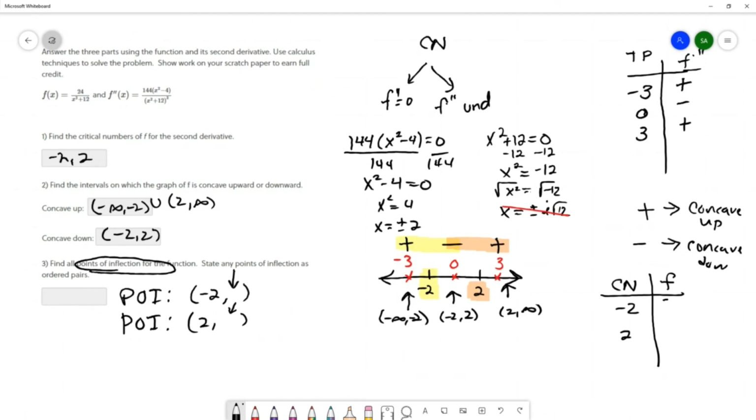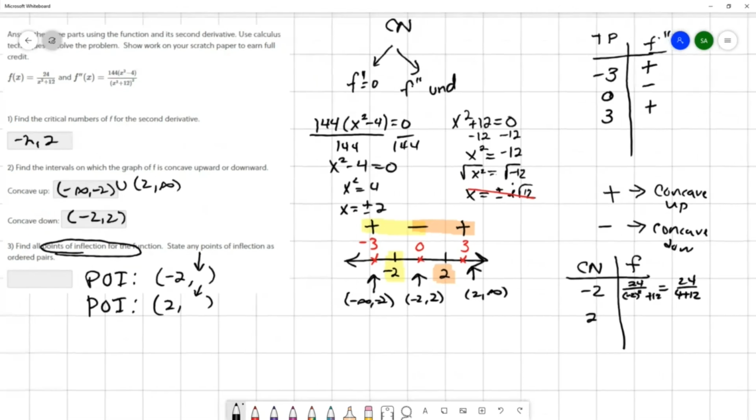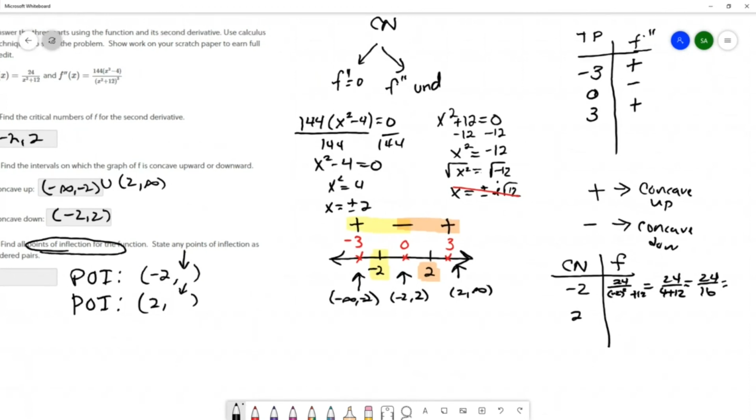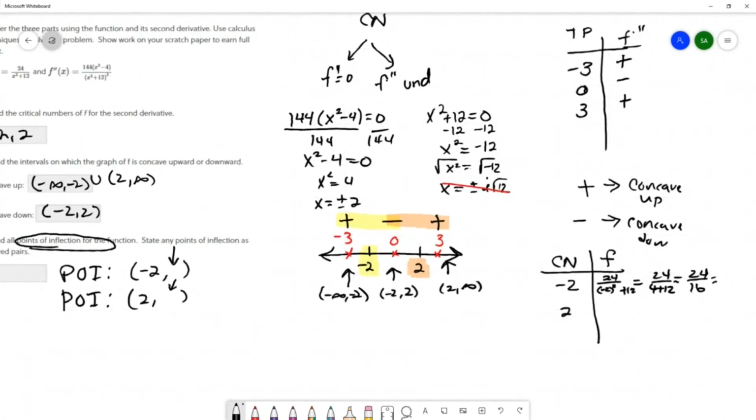That's 24 over -2 squared plus 12. 24 over 4 plus 12. 24 over 16, and that will reduce. 8 goes into both of those. 8 goes into 24 3 times, and 8 goes into 16 2 times.